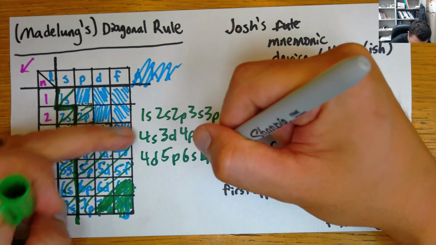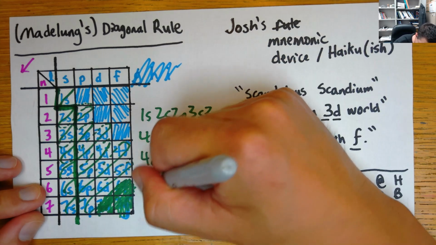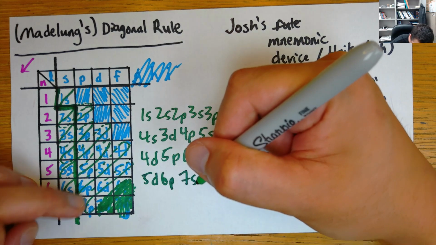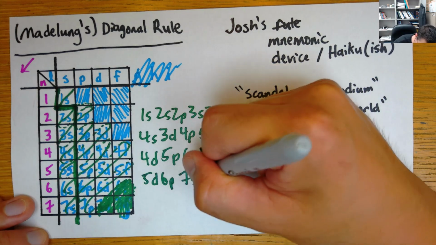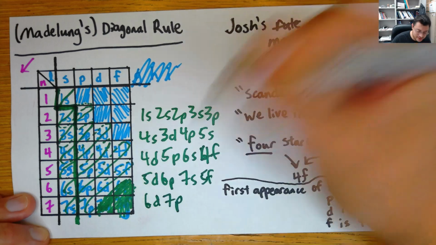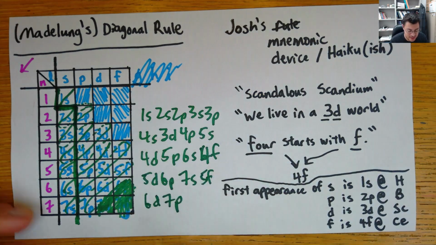Okay, and then 5d, 6p, 7s, 5f, 6d, 7p. All right, we did it. So it captures that order correctly.